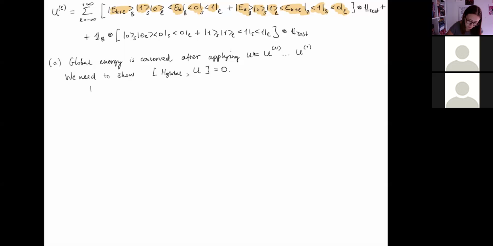So that H global and U_L, sorry, commute. And then, of course, if we apply all these operations in a sequence, all these U_L's, the composite operation will also not change the global energy.